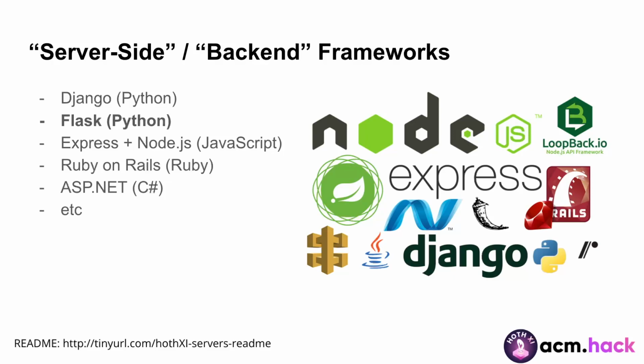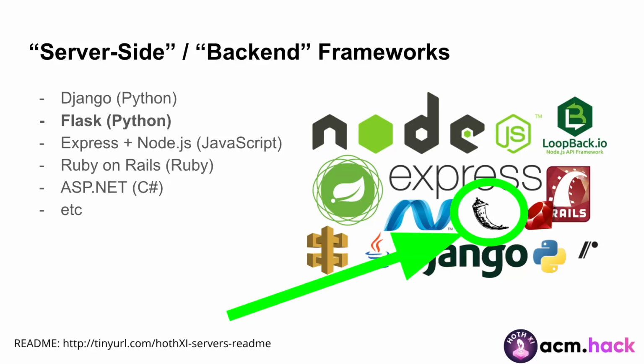But if you want to keep everything in JavaScript, go ahead and use Express. And if you know how to use Django, then go ahead and use that. And there's plenty of others as well. Yeah, we're going to be using Flask.